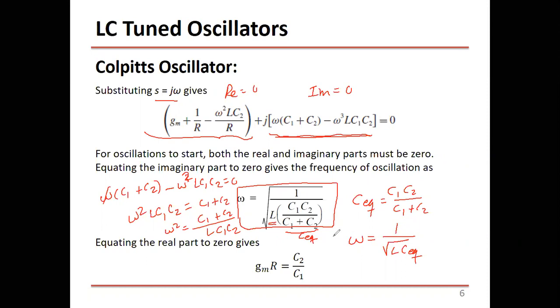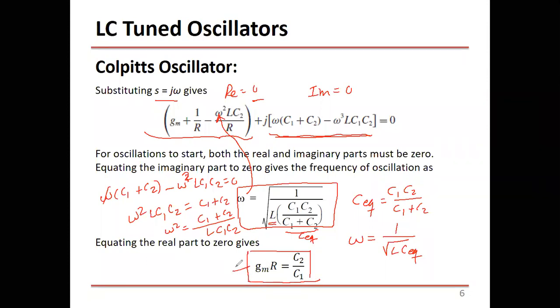At this frequency, if you now take this value of omega and plug it in here, and take this part and equate it with 0, you are going to get this value for the gain. So the amplifier needs to have a gain.